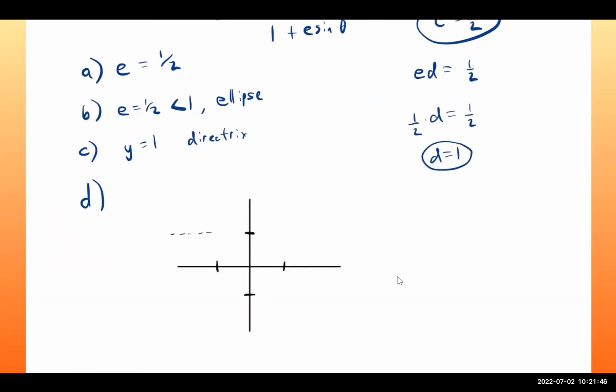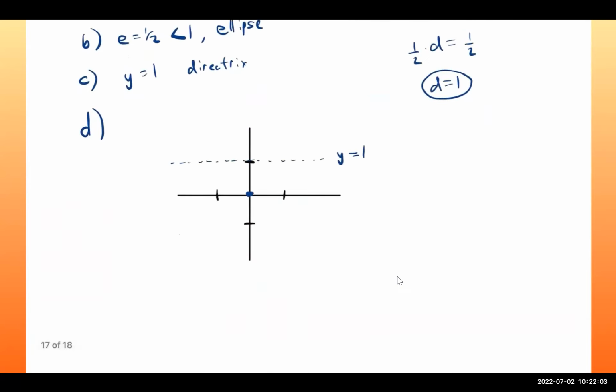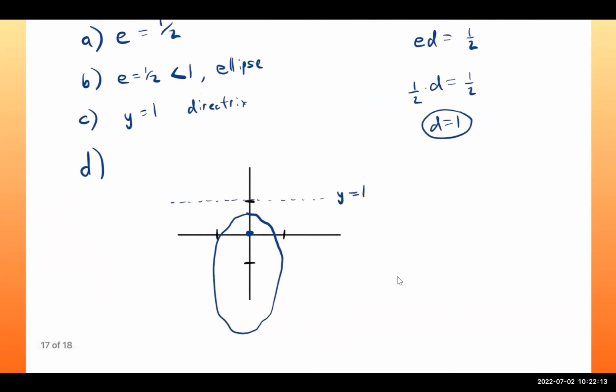The directrix is y equals 1, and I'll do that with a dashed line. The focus is the origin. So our parabola is going to look something like this. I'm sorry, it's an ellipse. It's going to look something like this. It's just a sketch, so it doesn't have to be super perfect.